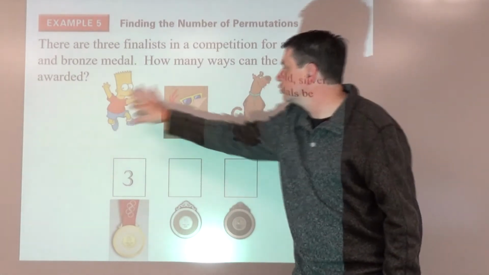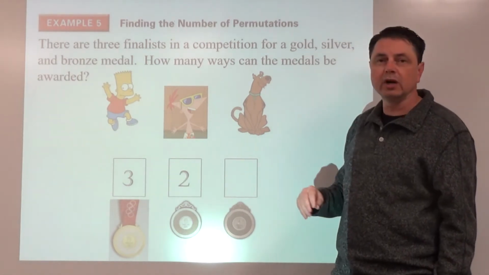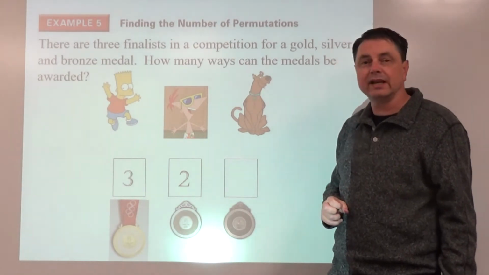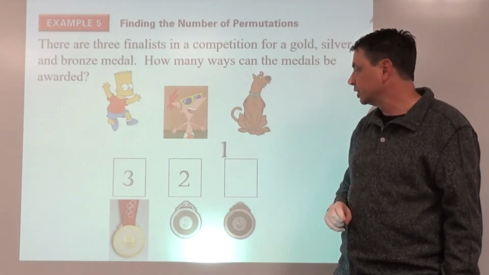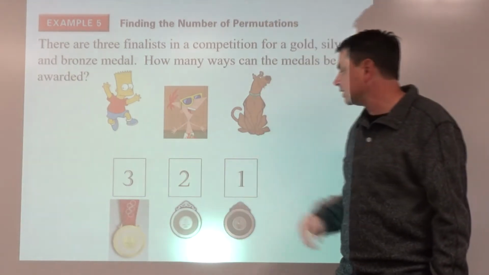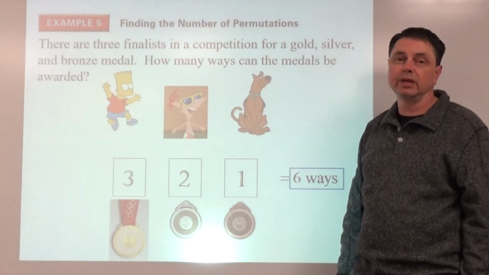Now there are 2 choices left. Then there's a bronze medal. Well, there's only 1 contestant left. That 1 contestant, there's 1 way of awarding the bronze medal. 3 events, multiply them together: 6 different ways that our medals can be awarded.